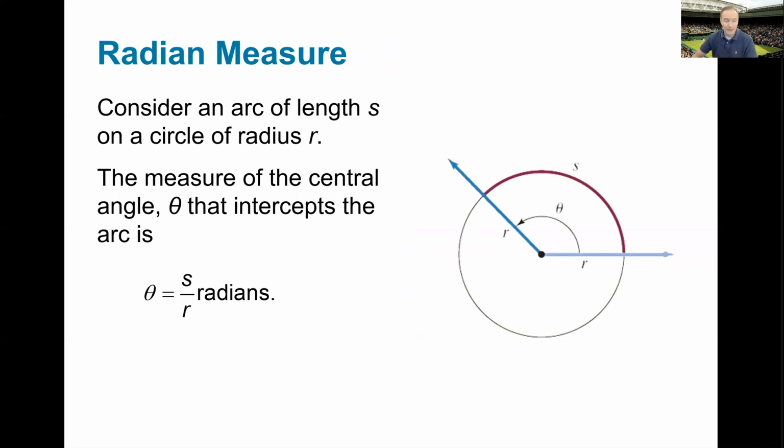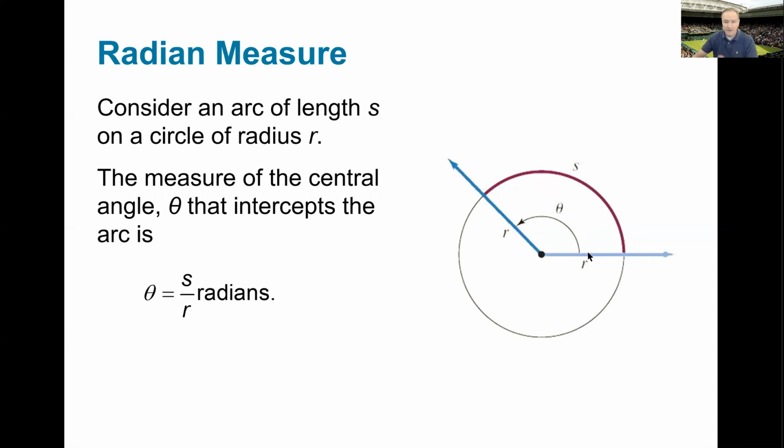Now, for radian measure, consider the arc length of distance s on a circle of radius r. The measure of the central angle theta that intercepts the arc is, well, this just goes back to the whole definition of a radian. I can say any angle is just the arc length divided by the radius.